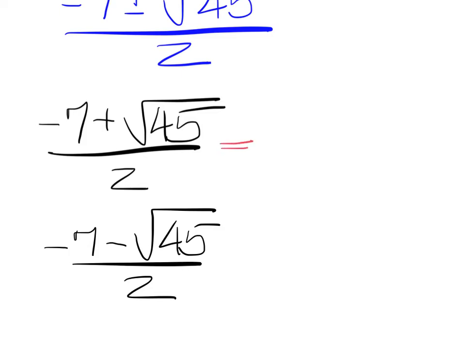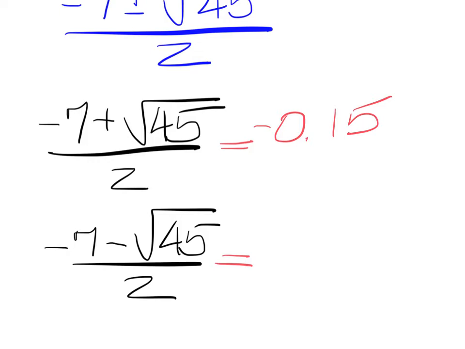On the first one, you will put in negative 7 plus the square root of 45 on your calculator and hit enter. When you hit enter and come up with a negative 0.2917960675, leave it in there and then hit divide by 2. And you will have a negative 0.15. You're rounding to two places.